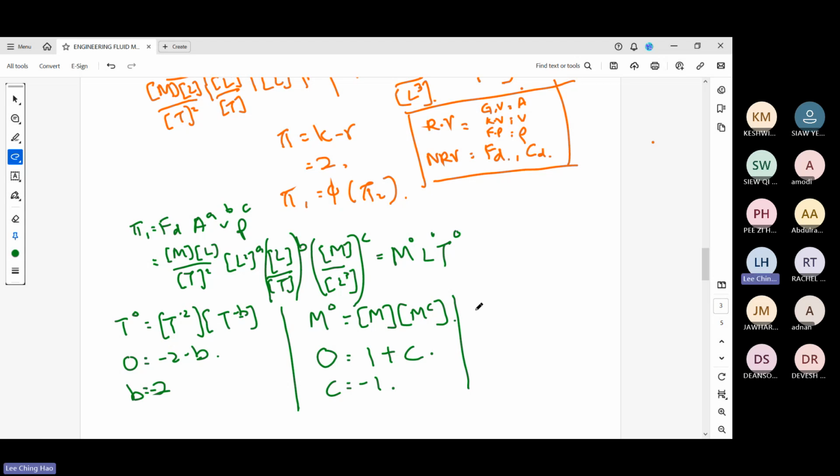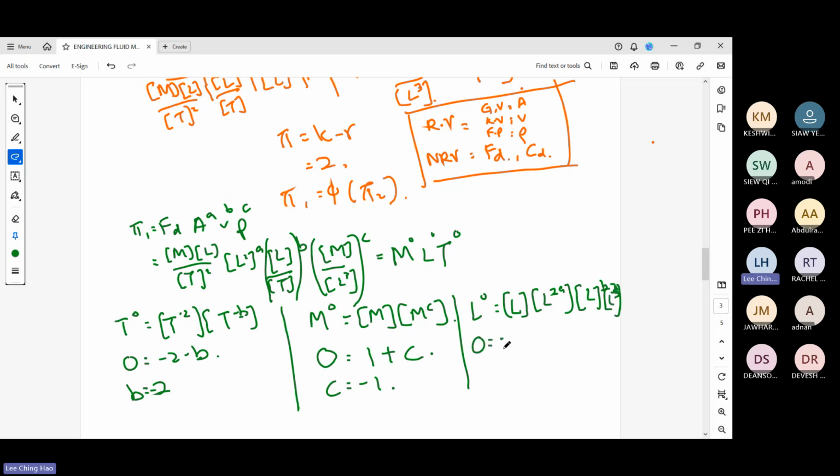Then you go L. So many L. L, and then L squared to the A, so times 2A, then L to the B, and L to the negative 3C.